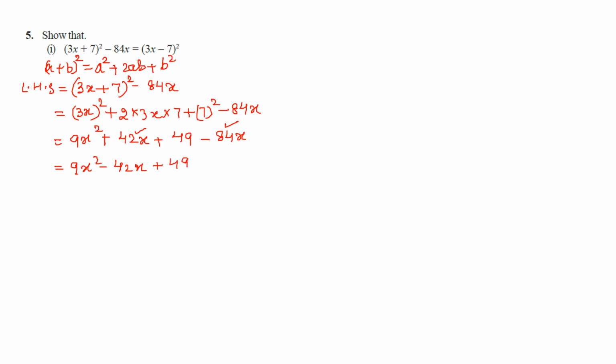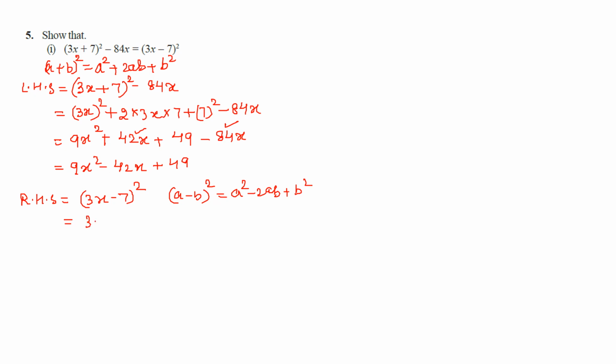Now I'm going to take the RHS. So RHS is (3x minus 7) whole square. So here I am going to use the identity (a minus b) whole square, which will give me a square minus 2ab plus b square, right?